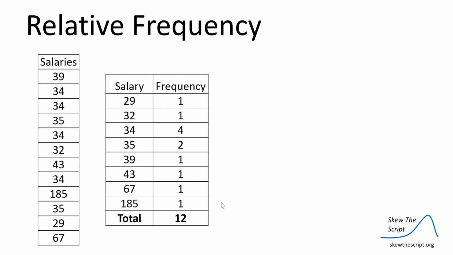Now, this already cleaned up this data set a lot, and we can already see that the most frequent salary is 34,000 at this company. But think about if you were at a mega huge company like Google, or even DSST as a network. If you have 1,000 employees, having a frequency would clean up this data a lot more.